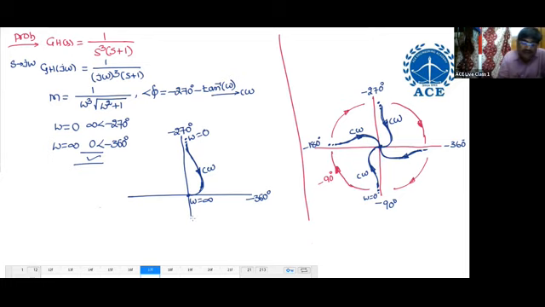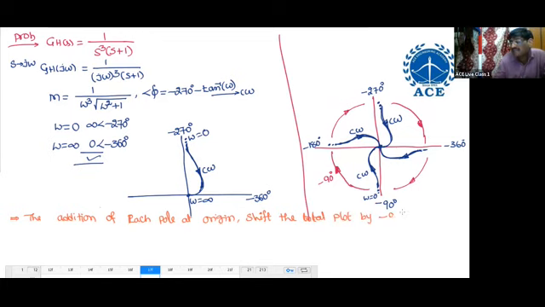That means the addition of each pole at origin shifts the total plot by minus 90 degrees in the clockwise direction. That's all.